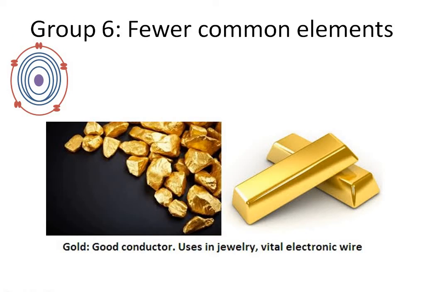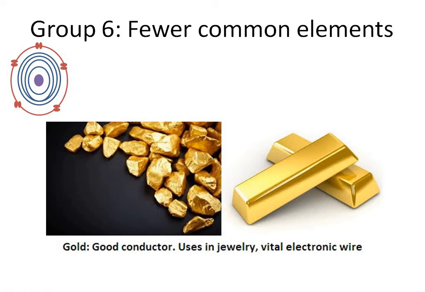Row 6. As the atom becomes bigger, it becomes less stable, and there are only a few common elements that we normally see in our world. Gold, one example, is used in jewelry and vital electronic wire.